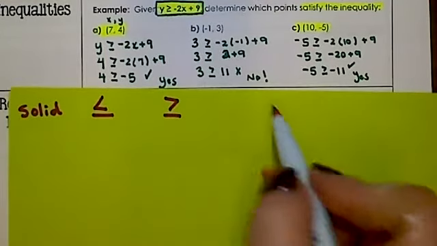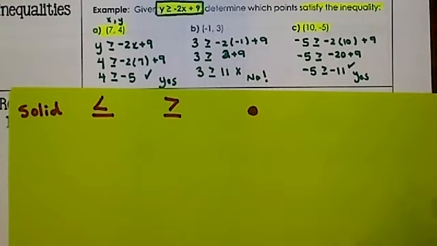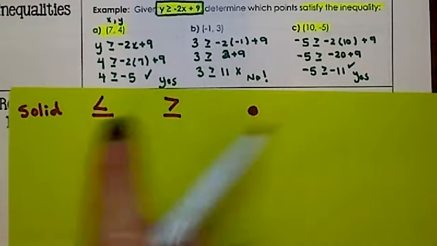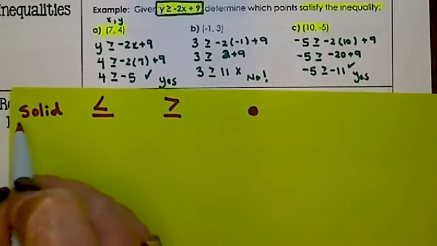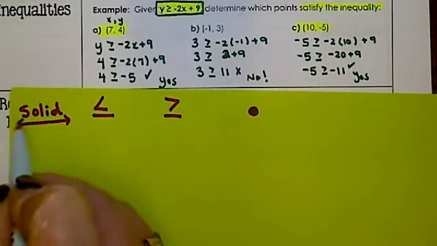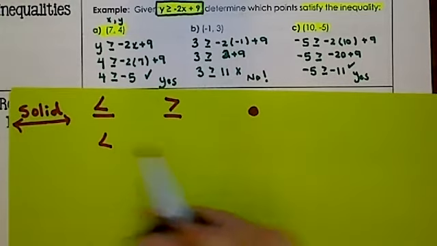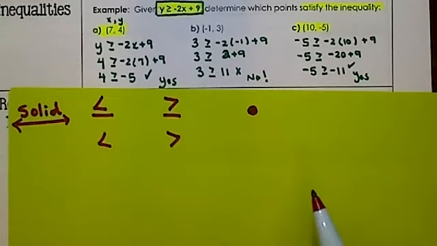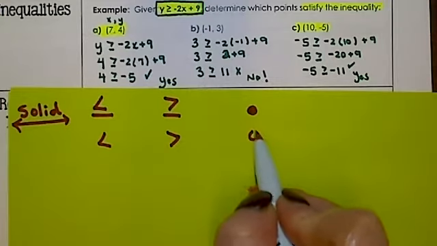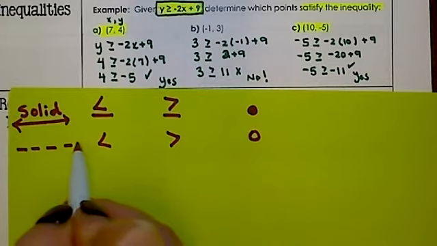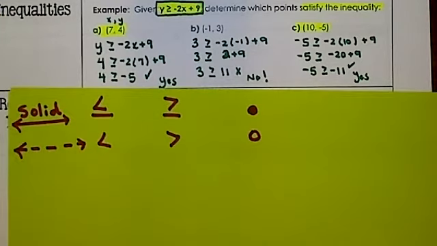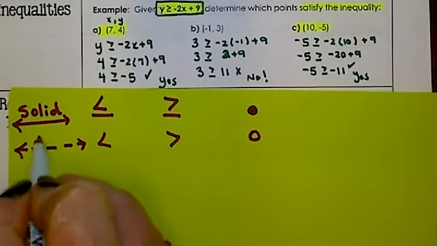Kind of like when we did this a while back with the number lines with the inequalities, that was a closed circle. Now we're looking at a solid line. Now, if it doesn't have the equal to under it, remember we dealt with that with an open circle, and that would now be a dotted line. So this one's going to be dotted.